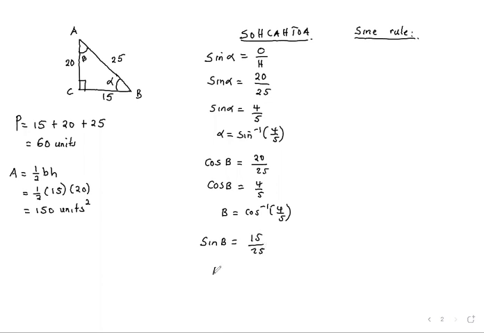So beta is equal to sine inverse of 3/5. Let's confirm. I have the calculator here. Sine inverse of 4/5.